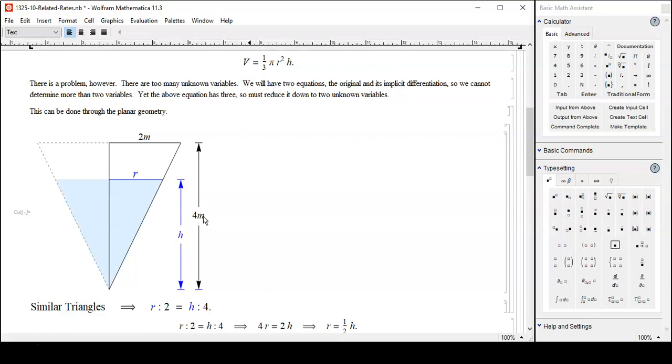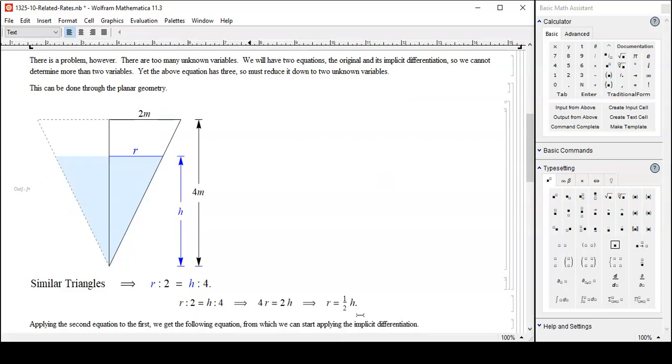You see, 4 meter is twice 2 meters, and we have similar triangles, so height must be twice of r. Or, equivalently speaking, the radius is half of height.